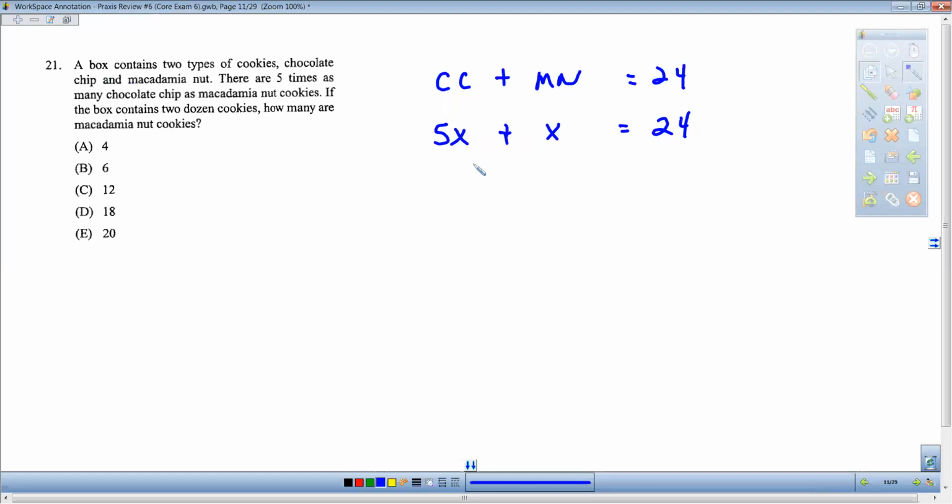So I'm going to let X represent the type of cookie. And if the box contains 2 dozen cookies, well, 2 dozen is 24. How many are macadamia nut cookies? So if X is macadamia nut, then the chocolate chip would be 5 times that. So these are like terms. You can combine that. You get 6X equals 24. So X is 4.